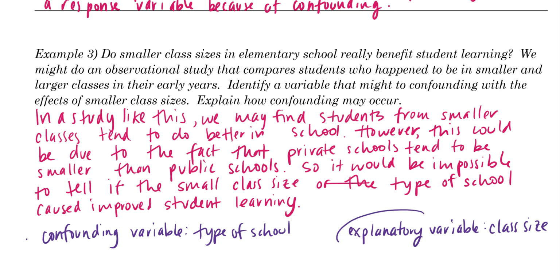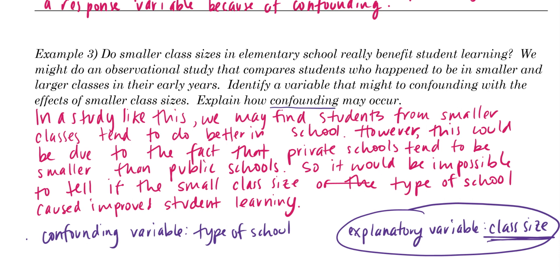All you're doing is trying to back up class size as the explanatory variable. That is not confounding. Now, you may be right. Class size may absolutely be incredibly helpful and may lead to higher GPAs, but if you are specifically asked to explain confounding, you need to explain why class size might not be the only explanation.